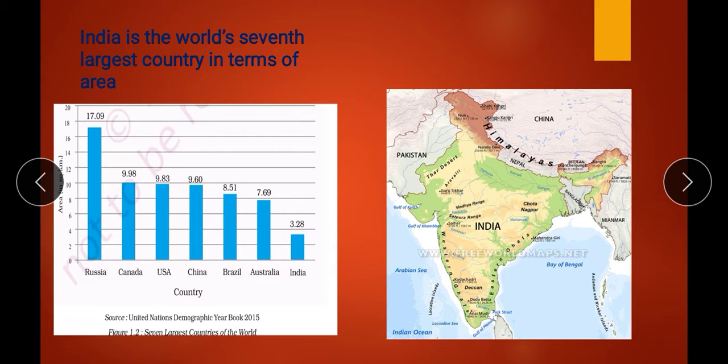Brazil, Australia. So these are 6 countries which are larger than India in terms of area. Which one is the largest country of the world in terms of area? Russia.